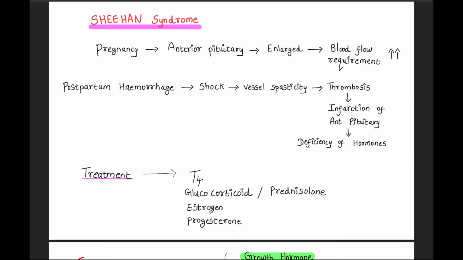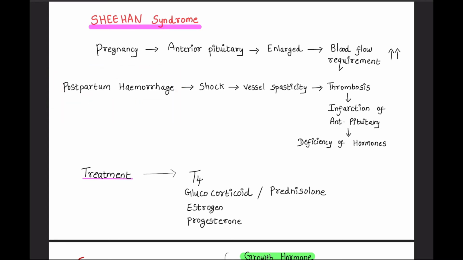After delivery, if there is excessive blood loss known as hemorrhage, it is called postpartum, and before delivery it is known as prepartum. So excessive blood loss after delivery is medically termed postpartum hemorrhage.